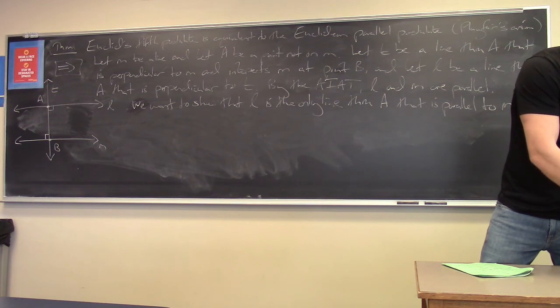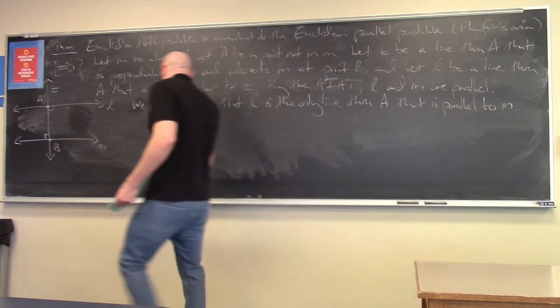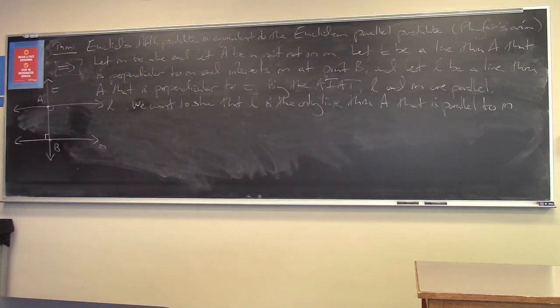So again, I'm pretty sure what I'm going to do here is also something we'll do several times in proofs through this class. So what am I going to do? I'm going to just build some other line. I'm not even going to build it. I'm just going to say I have other lines through A, right? It's an incidence geometry.